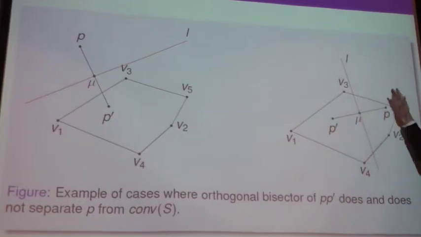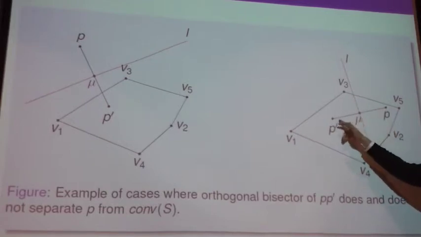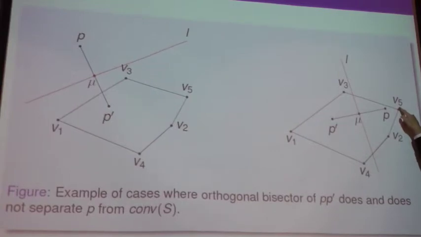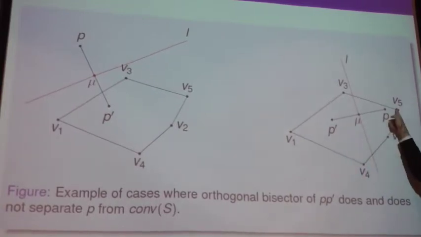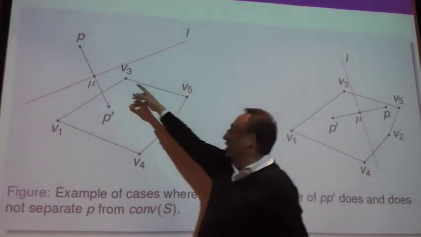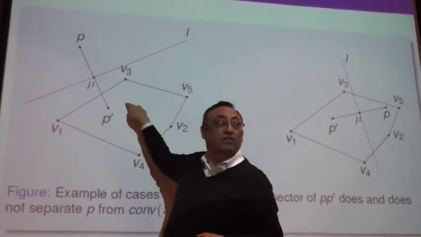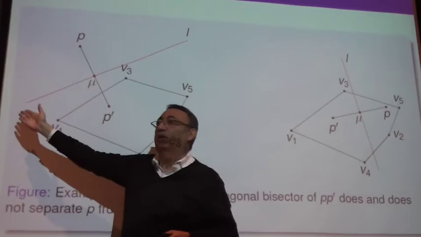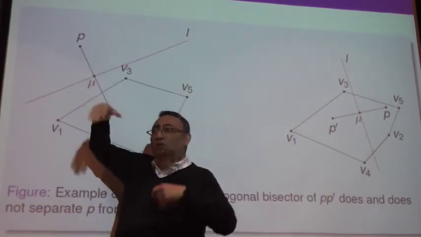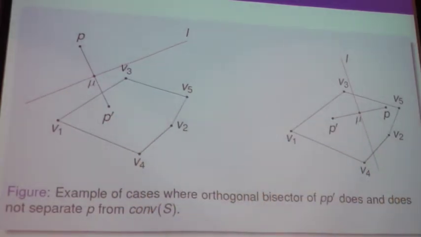Now the bisector of this line segment, the orthogonal bisector, must necessarily have one of the V's on its side, which means the other one is farther away, so you can get closer to it. On the other hand, if you're outside, you can find a point inside, so that when you connect it and look at the bisector, this Voronoi cell of P will not contain any of the V_i's. It's a very simple proof, really.